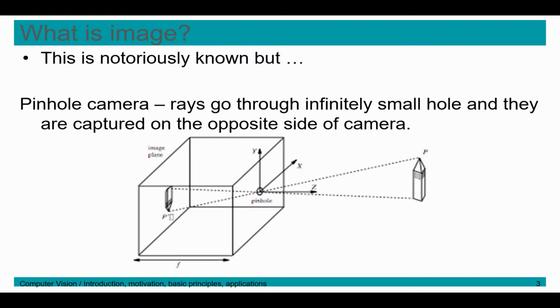This is a projective camera. You have a 3D world, and you project the perceived light coming into the camera on a 2D surface. So definitely you are losing a lot of information. You don't know how far things are in the real world.